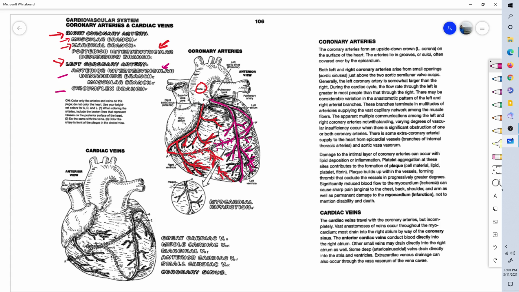And the anterior interventricular branched off, by the way, into these muscular branches here, by the way. And that is how the heart itself receives freshly oxygenated blood from the descending aorta here.